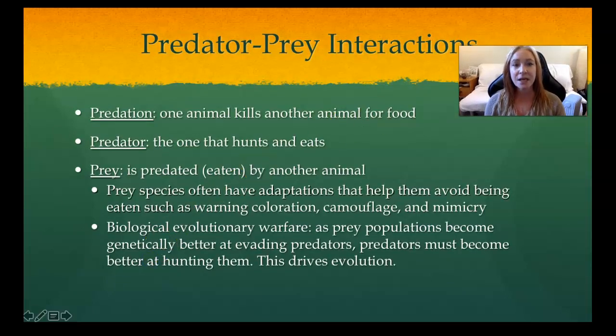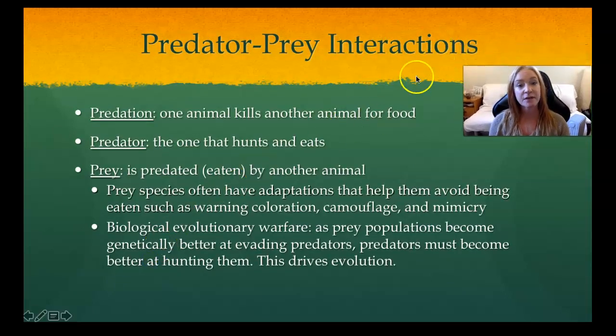Okay. And then the final type of interaction that we have are predator-prey interactions. And these are very important in the ecosystem. So predation technically is just the act of one animal killing another animal for food. In that relationship, the predator is the one that kills, and prey is the one that is predated upon or eaten by another animal.